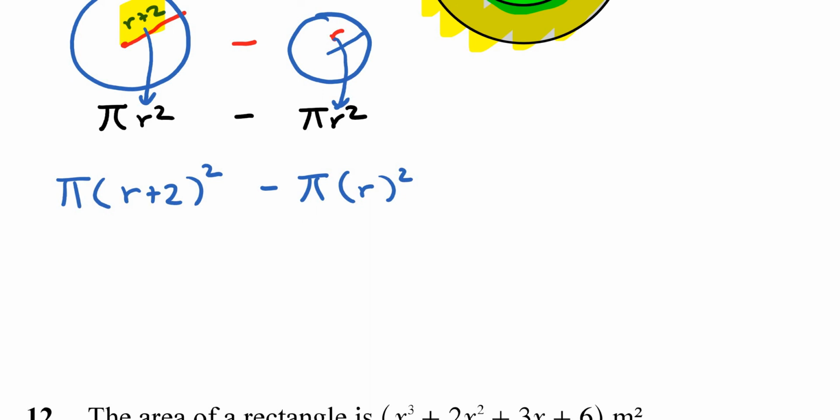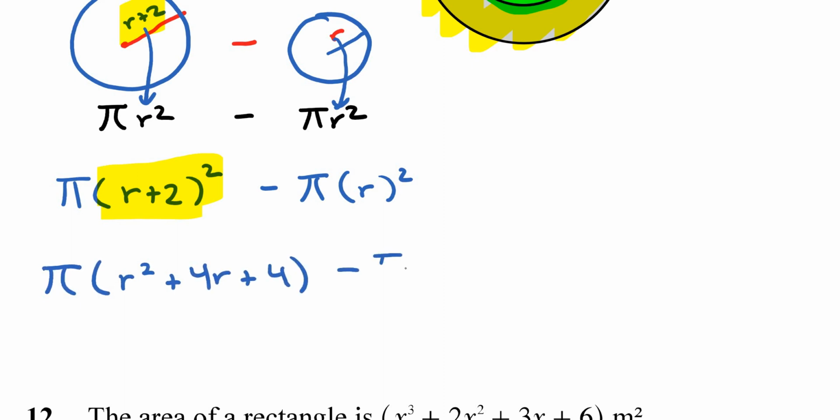In order to simplify this, let's go ahead and deal with this yellow expression right here. We can use the square double square technique. So that'll be r squared plus 4r plus 4 minus pi r squared.